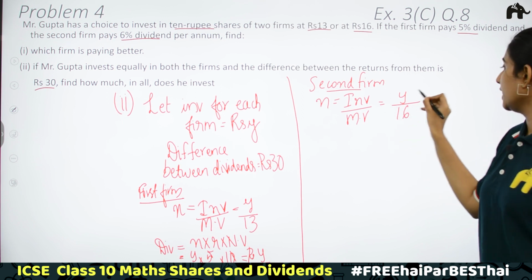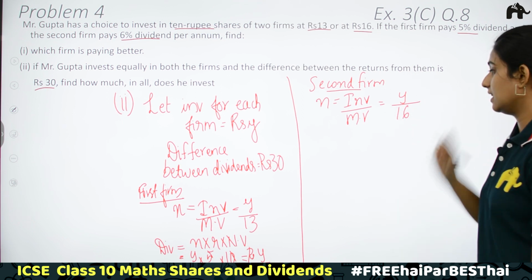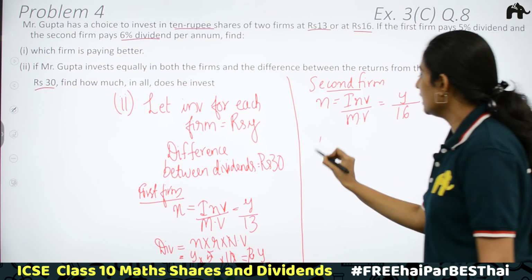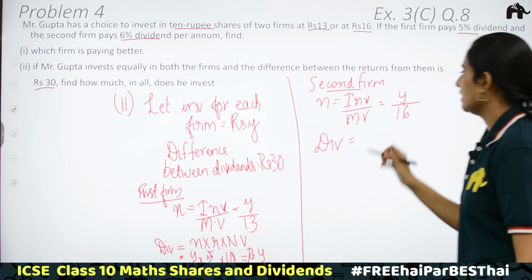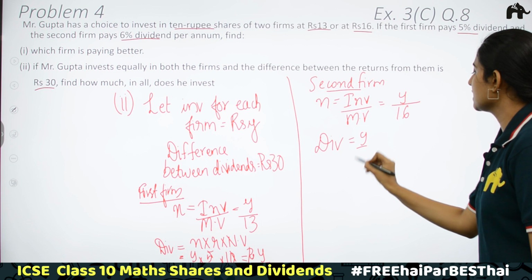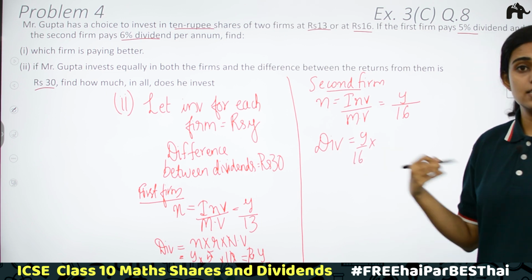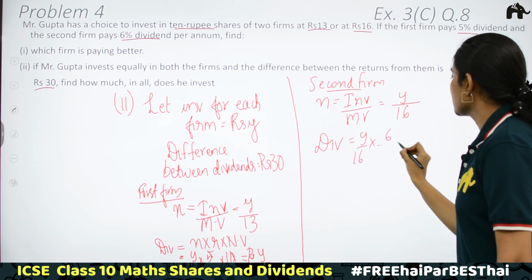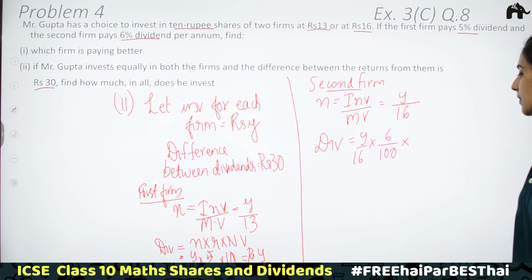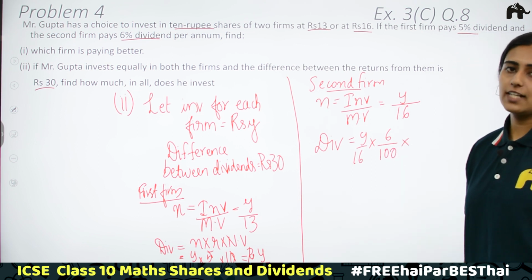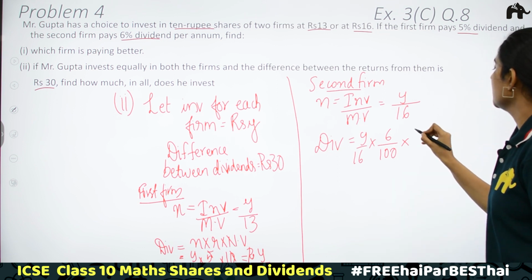Yes, you will be getting Y by 16. Next, dividend is equal to N into R into NV. Here N is equal to Y by 16. Rate of dividend is 6%. That is 6 by 100 into nominal value of one share is same for both the firms. That is 10.